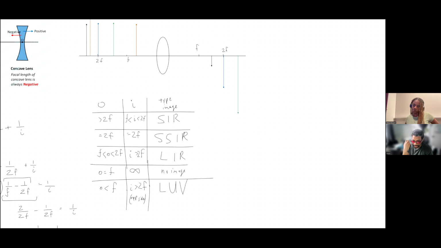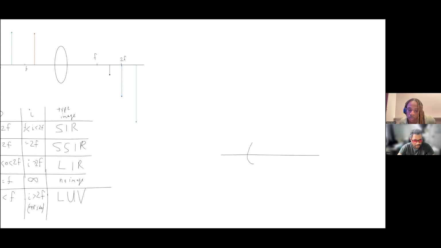And since it's virtual, the virtual images will always be upright. Yes. And I used to say real images will always be inverted, but I'm going to change that. Instead of inverted as an adjective, think of inverted as a verb. The reason is that there's an exception I saw once where you had a two lens system.